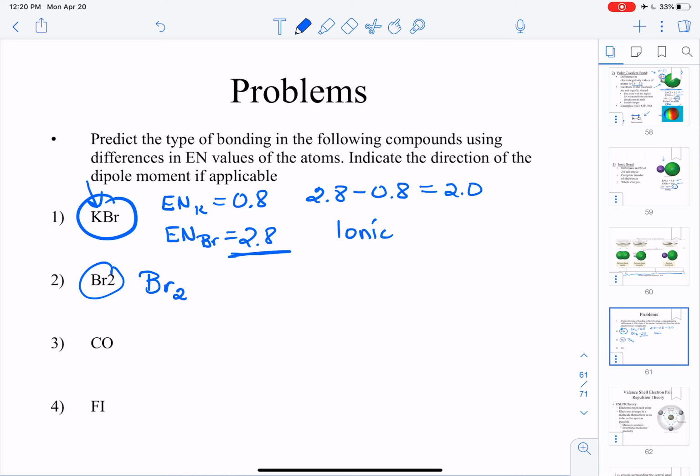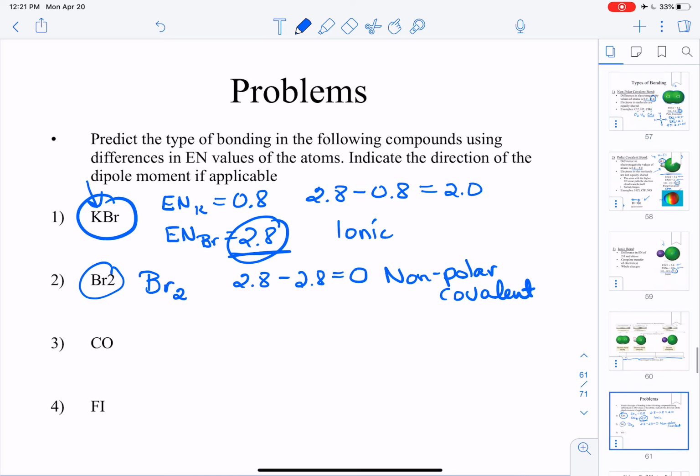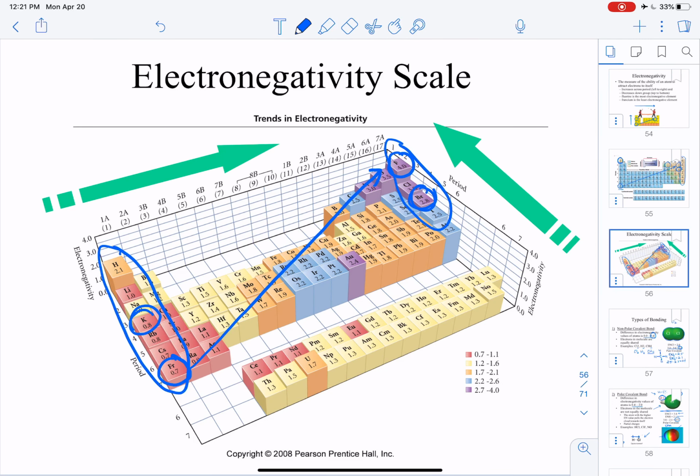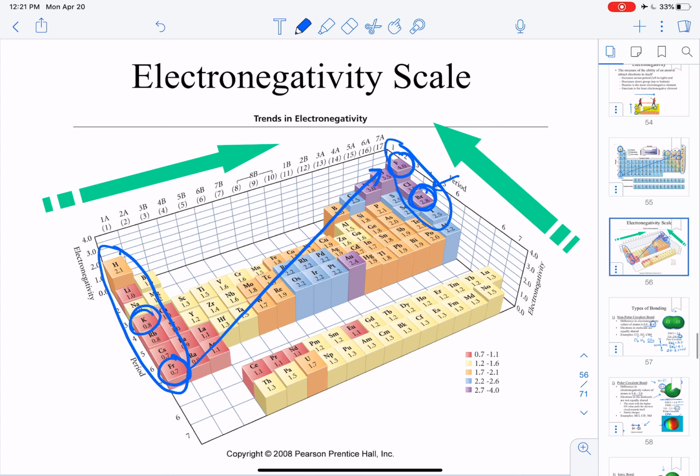But if we do the difference in electronegativity values, we would have 2.8 minus 2.8 is equal to 0, and that qualifies as a nonpolar covalent bond there. Now, where did I get that information besides right here? I got it off the chart. So we already took a look at bromine right there, and it was 2.8.